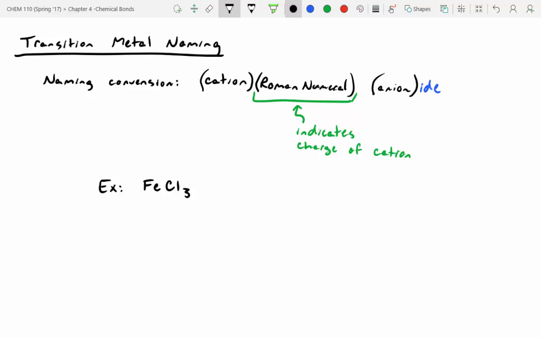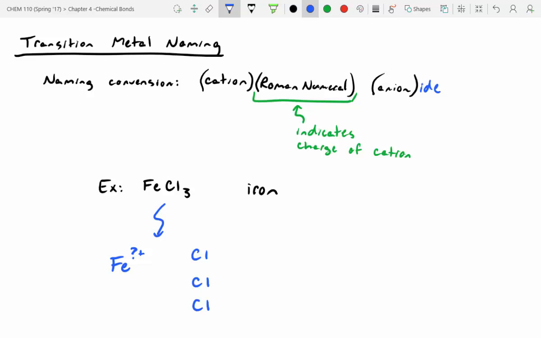Okay, so let's do our cation first. It's going to be iron. Then what charge do you think the iron must have? Let's think about this, right? So let's break it up. So we've got this iron here. We've got one of them. We don't know the charge yet. That's what we're trying to figure out. And then over here we've got 3 chlorines.